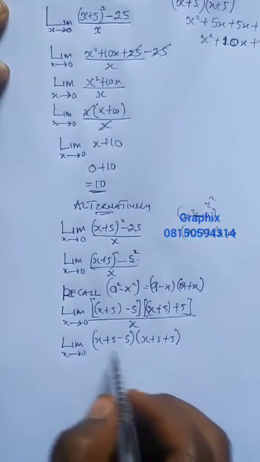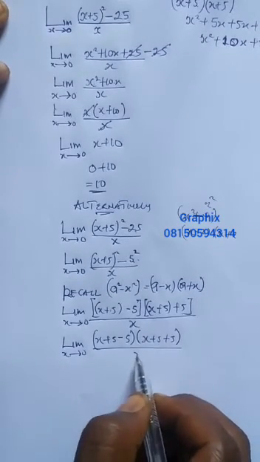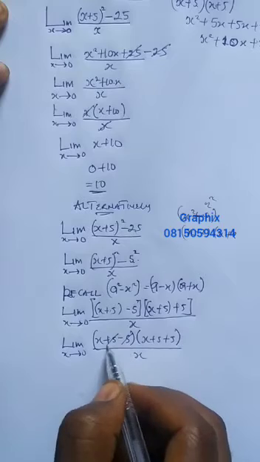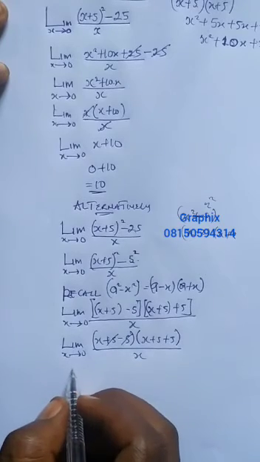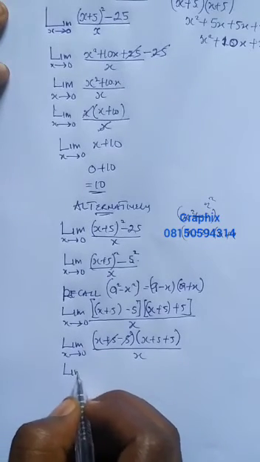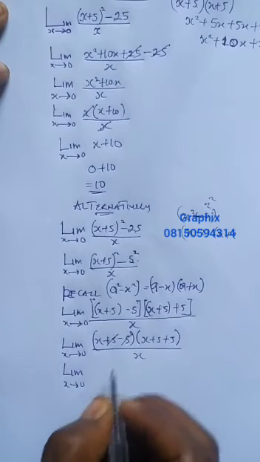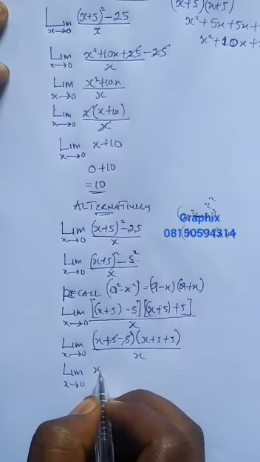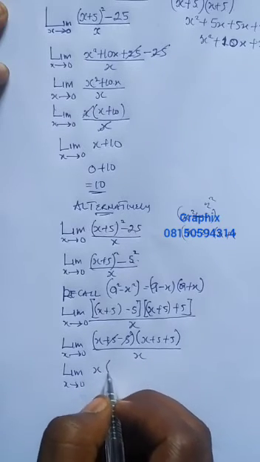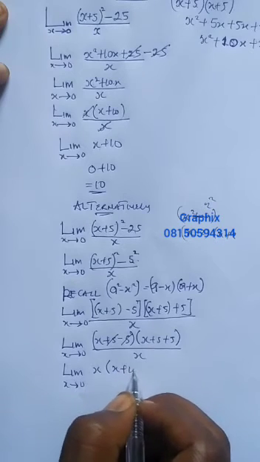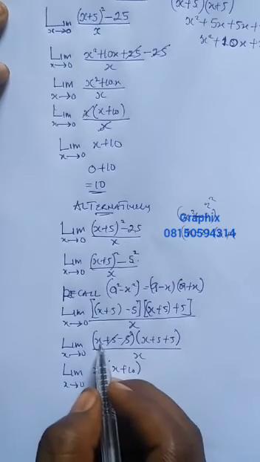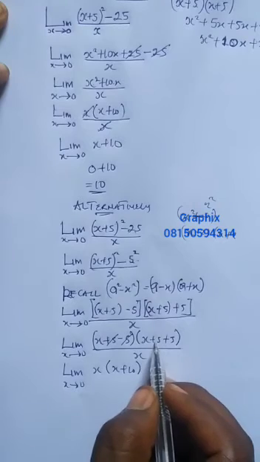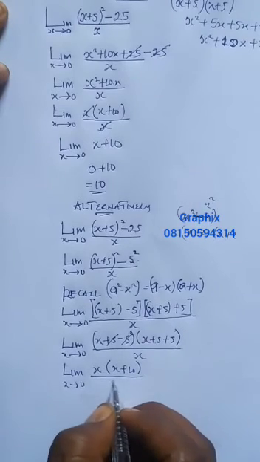So in a nutshell, everything all over x. So minus 5 will cancel positive 5. So we're left with the limit as x tends to 0. We're left with x into bracket (x plus 10), because this 5 plus 5 will give you 10, all over x.